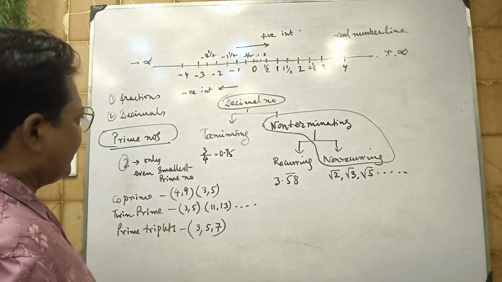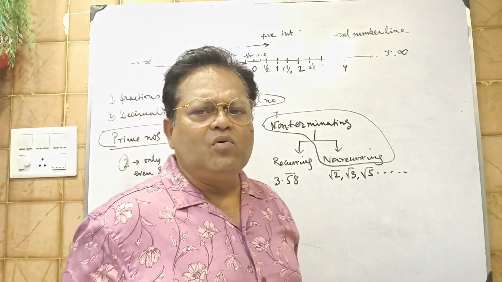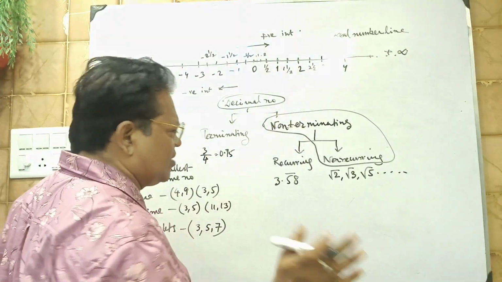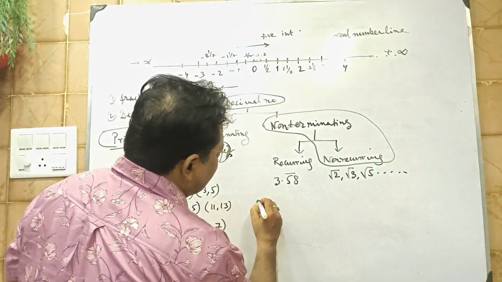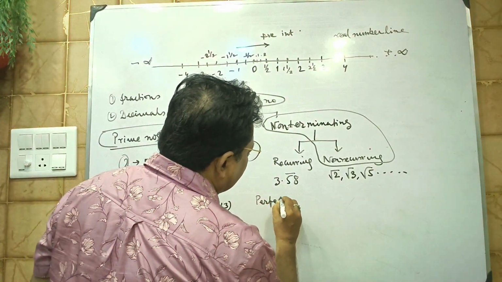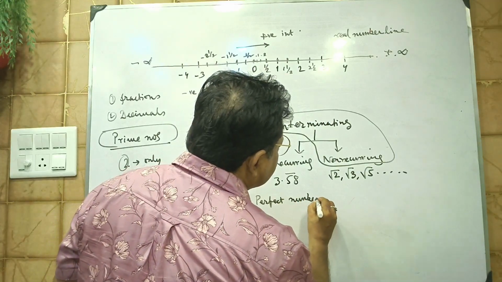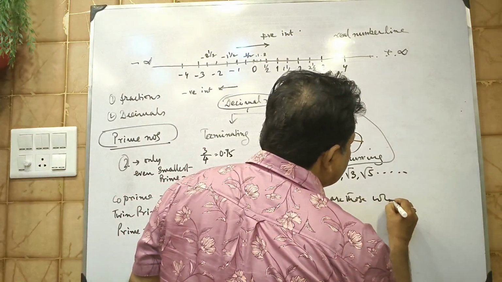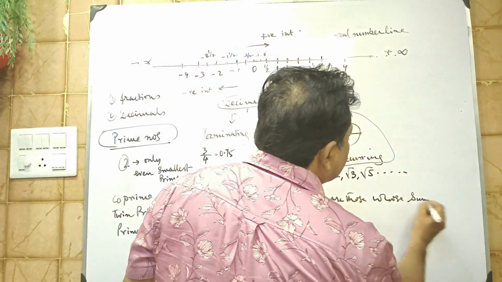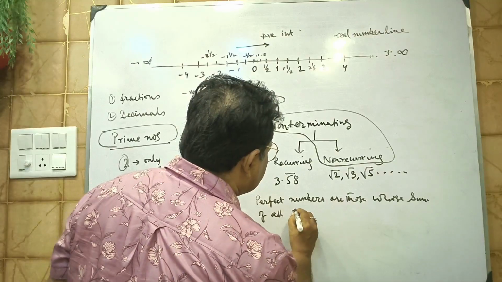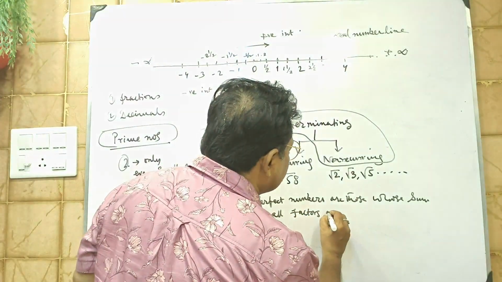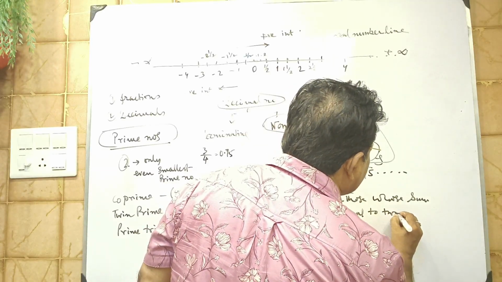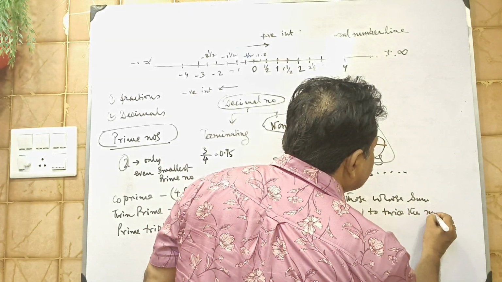Another type of number: I don't know whether you know what perfect numbers are. If you don't know, you come here, you get some knowledge. Perfect numbers are those whose sum of all factors is equal to twice the number.